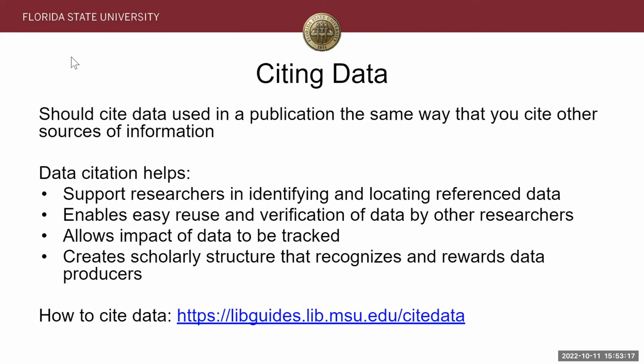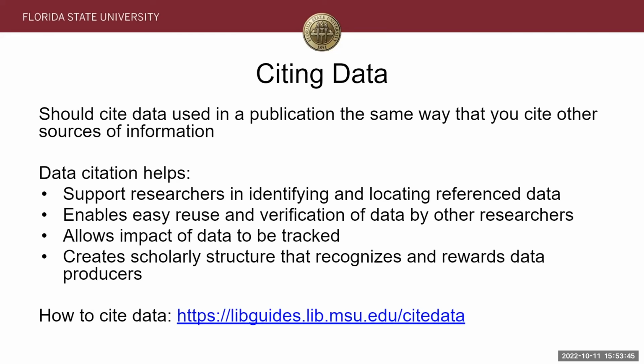And when you find a particular data set and say you're going to utilize that in a paper or report that you're working on, or maybe you're going to perform some secondary analysis on that data set, it is important to cite that data. And you do this pretty similar to how you would cite other sources of information, such as a journal article or a news article.